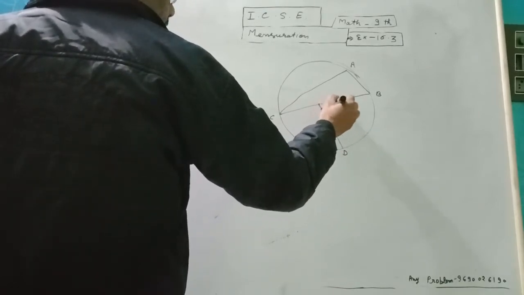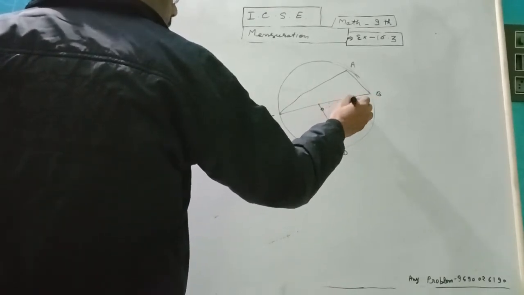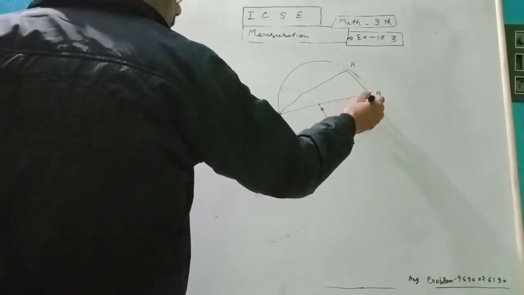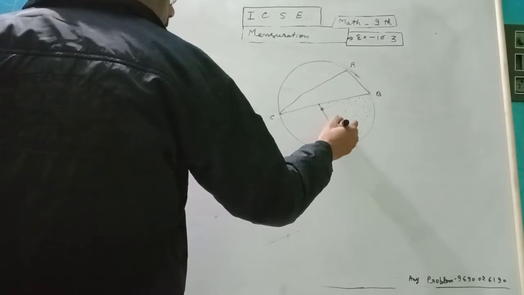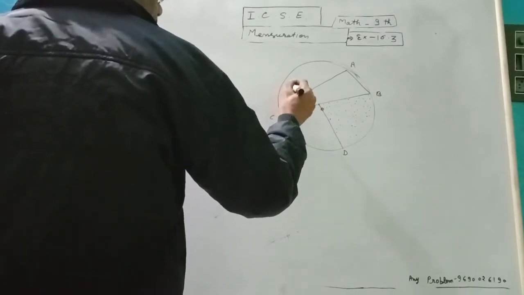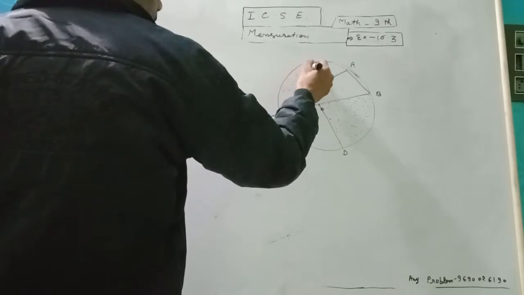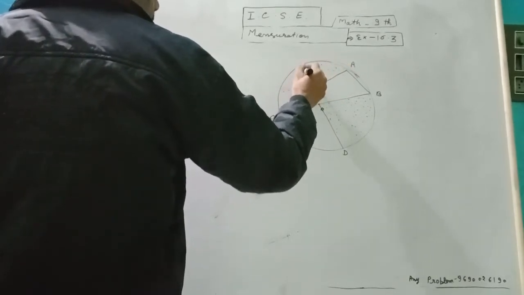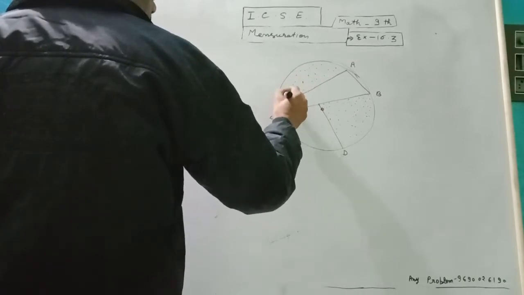We find the area of the triangle and 1/4 part, which are not shaded.